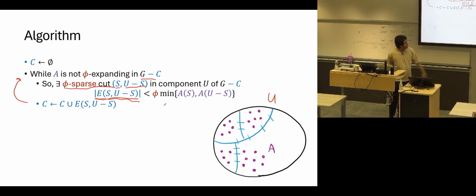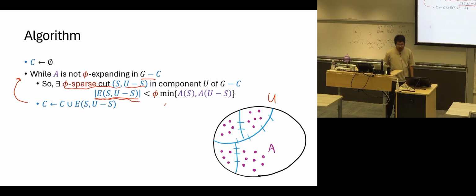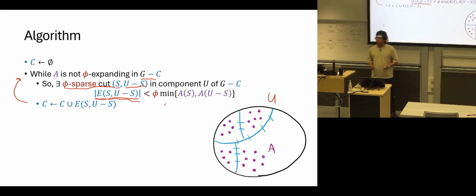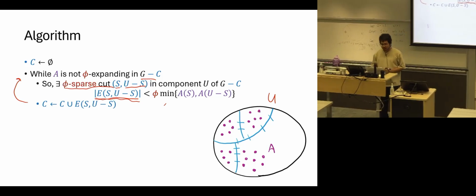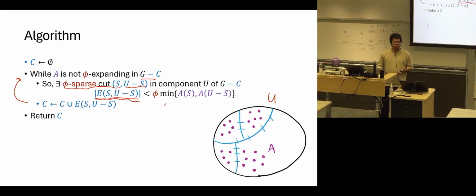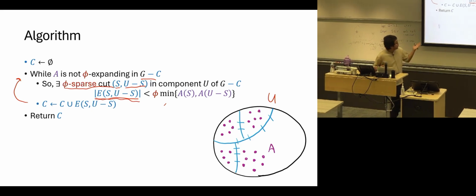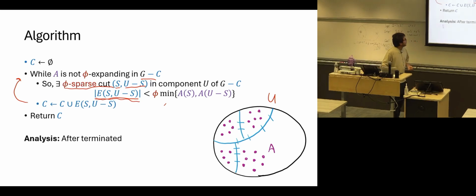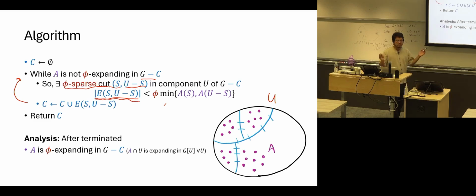You might cut it again, and now it can be the case that you cannot find any more sparse cut. Once you cannot find it, then you return C. So it means that once you are done, after terminating, A just must be phi expanding in G minus C, just by how you define the algorithm.